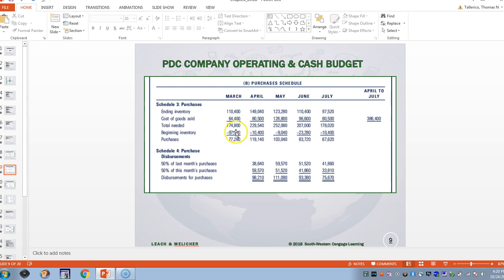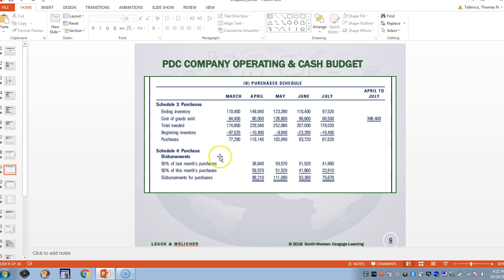So if we subtract this from here, we get our purchases, which are 77,280. So we subtract off the inventory we had already. All we did was add the cost of goods sold to whatever inventory we had left. Again, this is simple addition and subtraction, and we do that for each month here. So we just go through this.